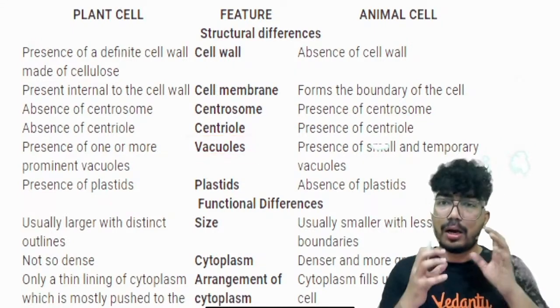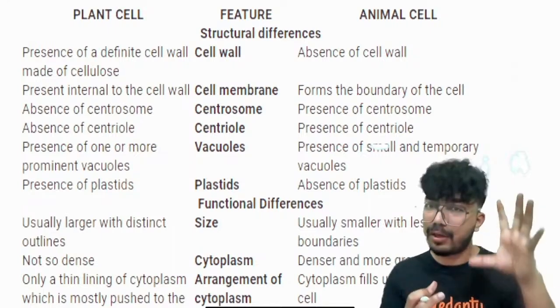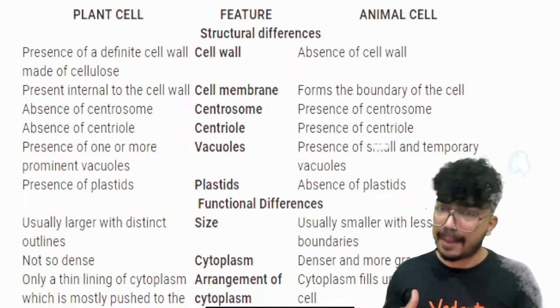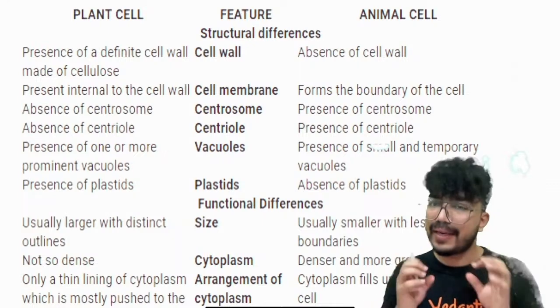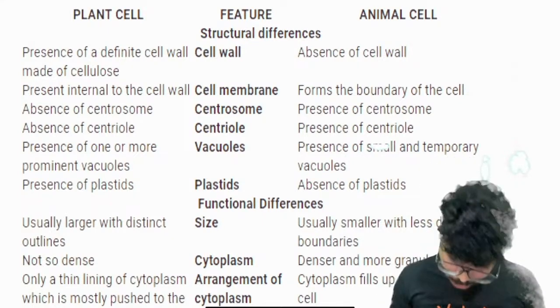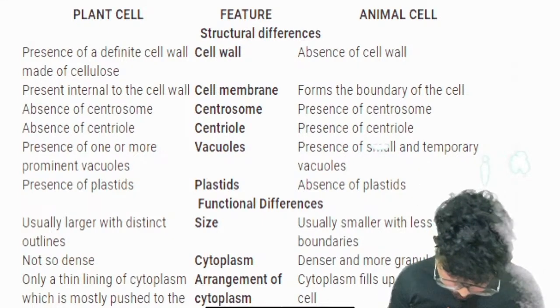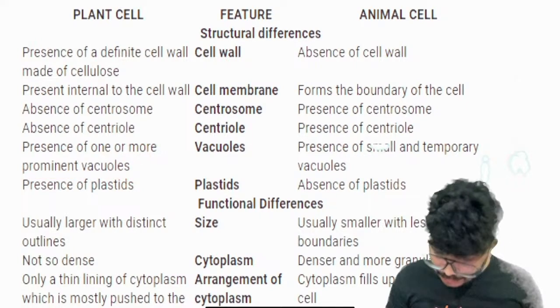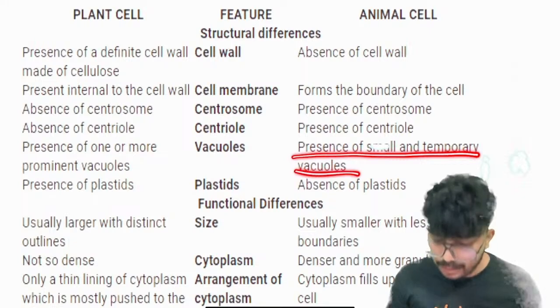Okay, so done with that, now vacuoles. The plant cell is going to have a very large central vacuole, but in animal cells the vacuole can be absent. If present, they are very tiny and numerous. So vacuoles: presence of one or more prominent vacuoles in case of plant cell, but in case of animal cell, presence of small and temporary vacuoles, right?